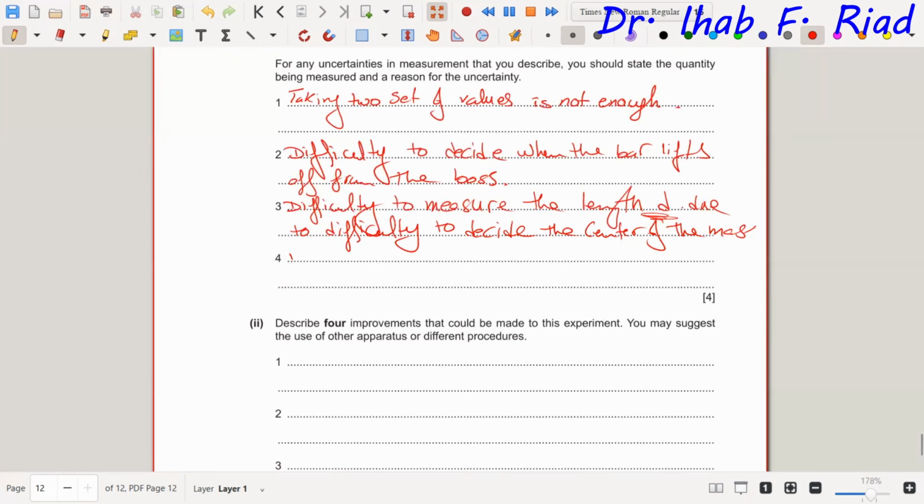Another difficulty might be difficulty to keep the Newton meter vertical while taking the reading.